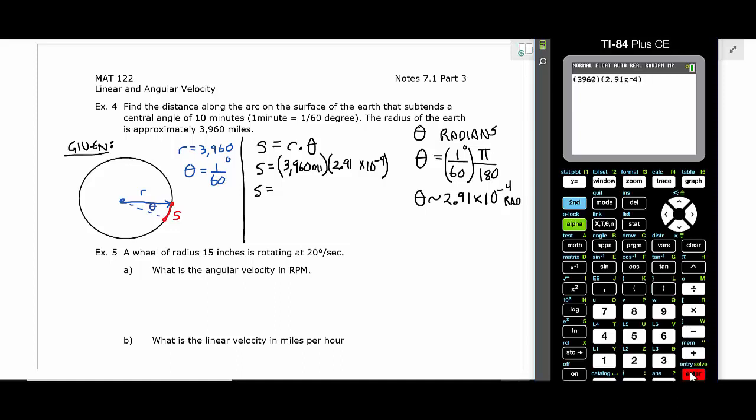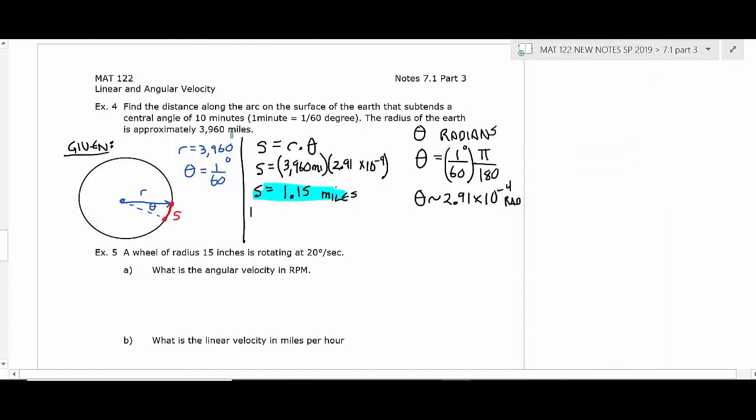Then do that calculation, and that will give me the solution to that problem. So that is about 1.15 miles, approximately the length of that arc. That's a real tiny angle, so that's a real small distance. That's the reasoning behind that.